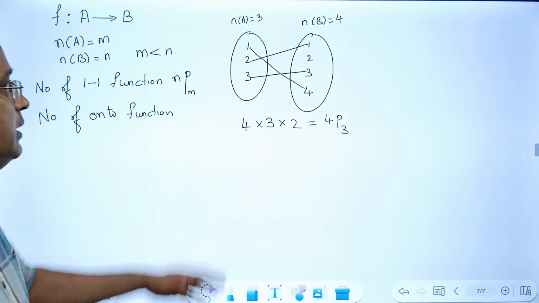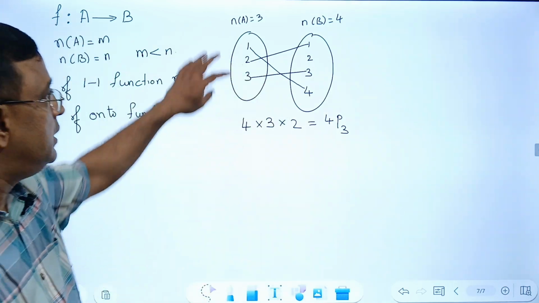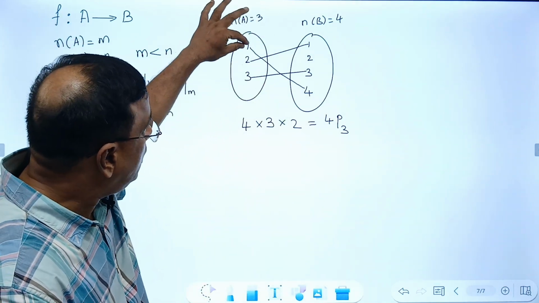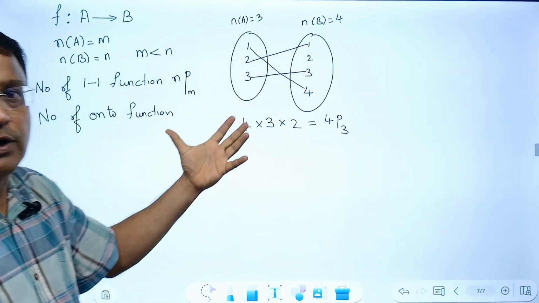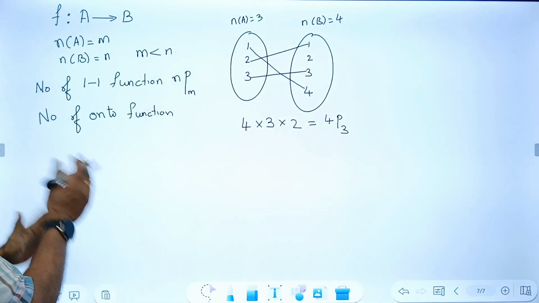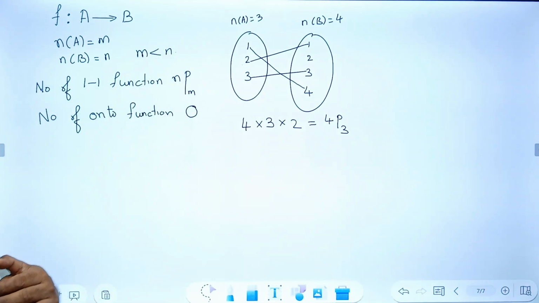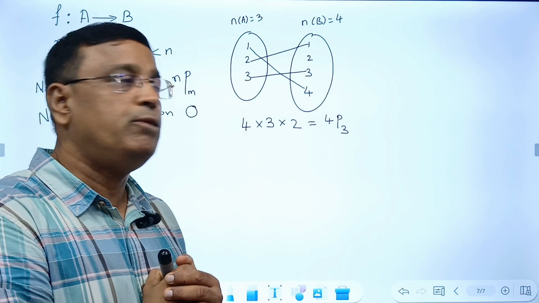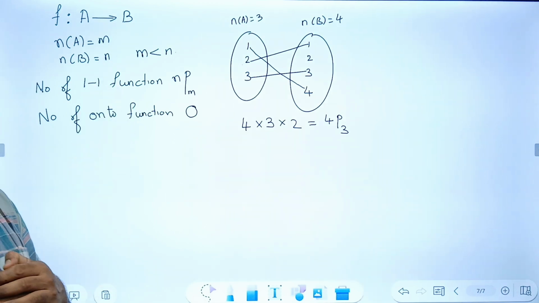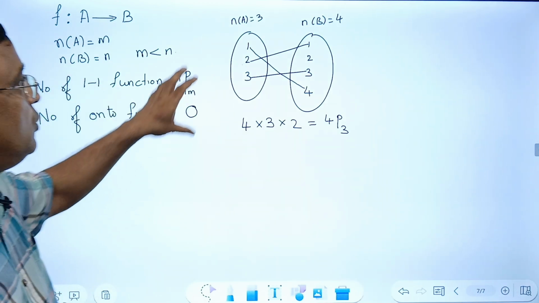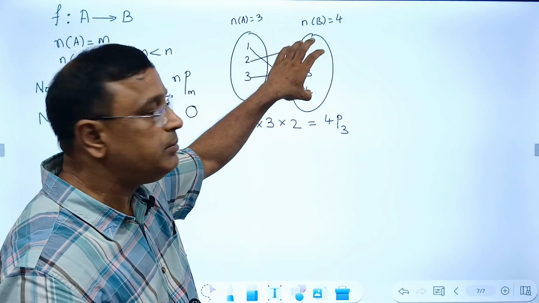If I do that, it will not be a function. Suppose I connect 1 with 2, 1 is already connected with 4, so it can't be a function. So the number of onto functions is 0 when m is less than n, when the number of elements in the domain is less than the number of elements in the codomain.